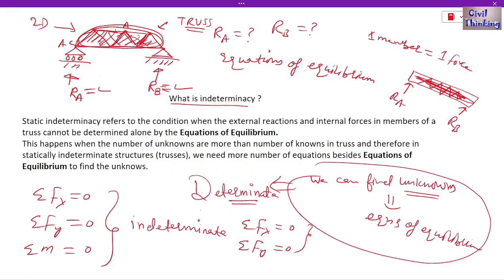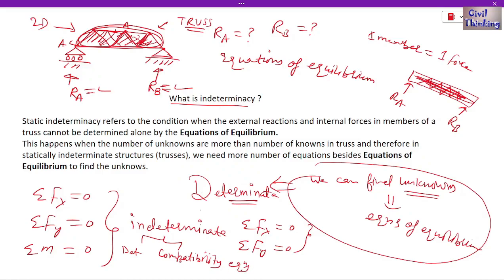Okay, then when we have an indeterminate structure, we have two ways. Either we can convert it into determinate, or we can use more equations. We will use this equation plus additional equations. We call them compatibility equations.